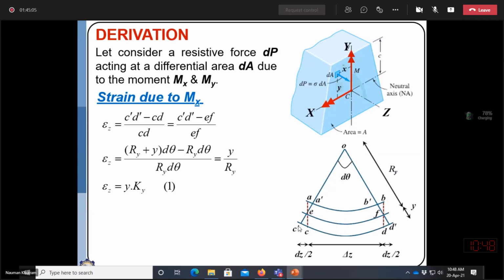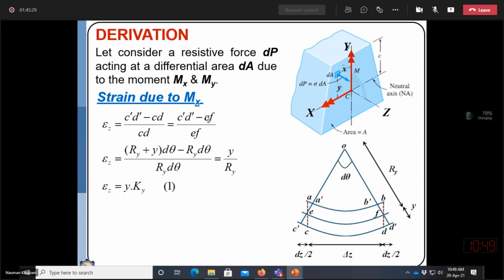So we can determine this CD distance by using the formula L is equal to R theta. So R from 0 to C prime will be equal to Ry plus y, and d theta is given. So C prime D prime is equal to Ry plus y into d theta.